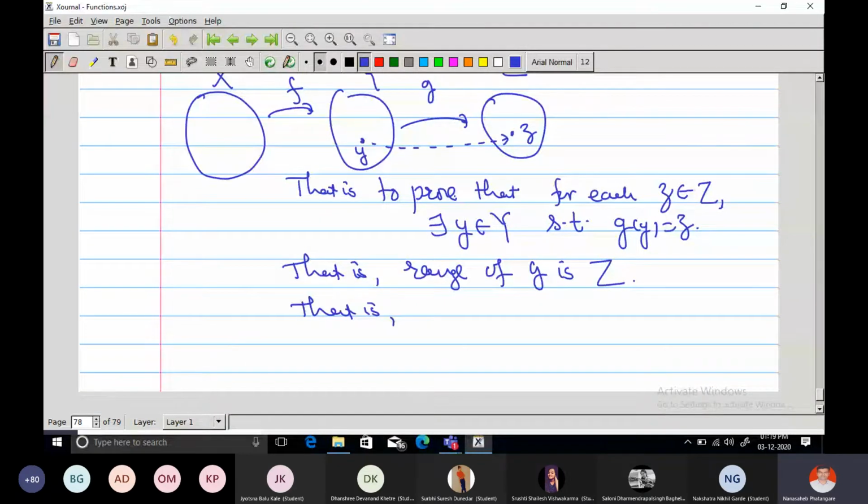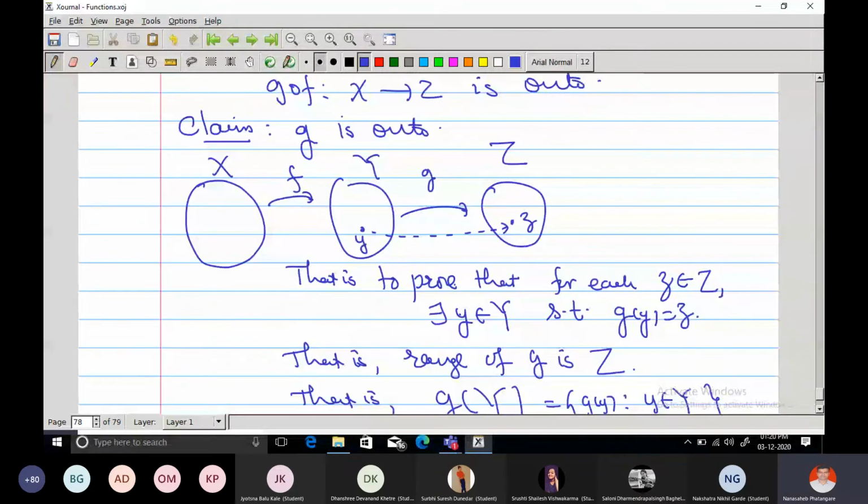If you look at all the images G of y, where y belongs to Y, that will cover the entire Z. The meaning is the same. All these statements say the same thing. Is it correct? Yes, the claim is clear now.